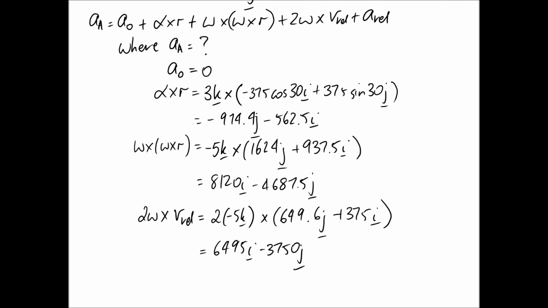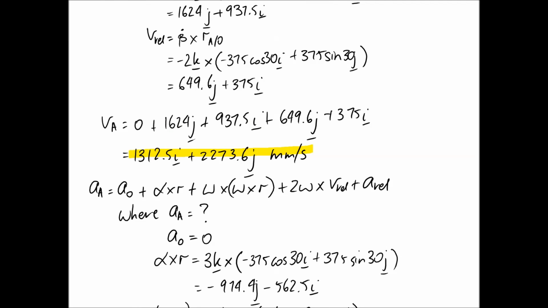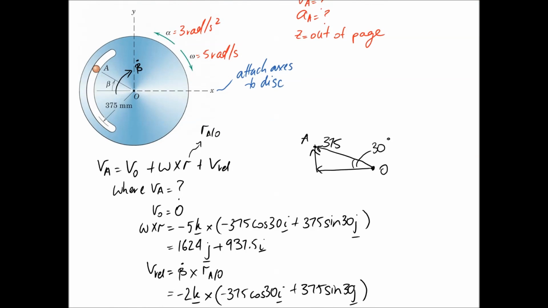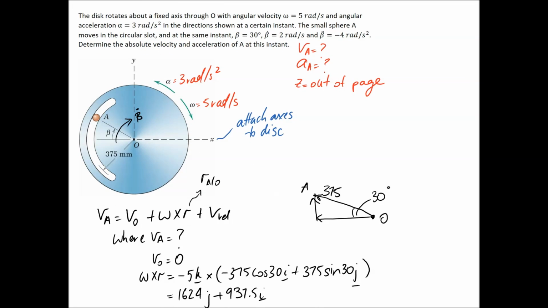Alright, so we only have one left, and that is the AREL term. So this one here, we should be able to calculate again using the things we were given in terms of the angle beta. So if we scroll back up, so we were told that beta dot was 2 radians per second and beta double dot is going to be negative 4. So basically that means beta double dot is the other way around.